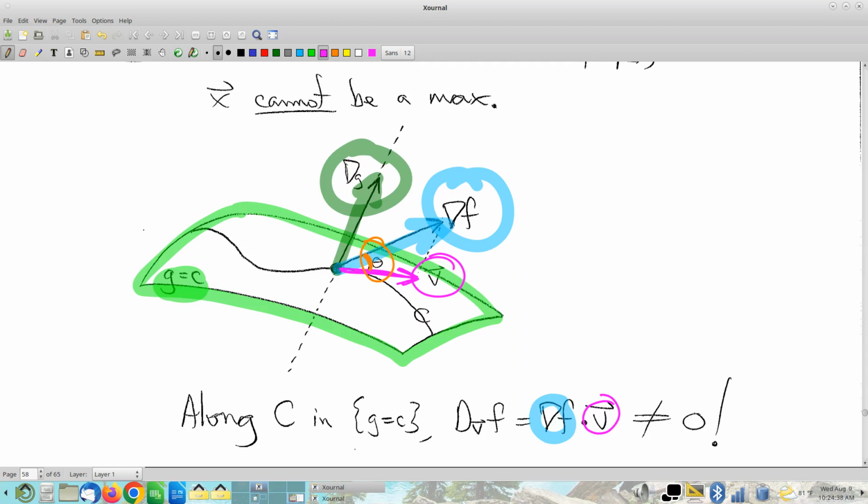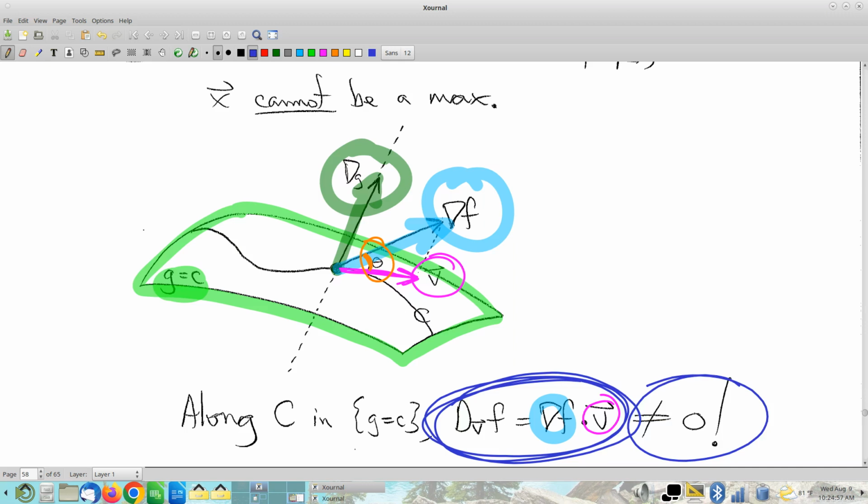And you can see that my directional derivative here, how fast is the function changing as I move in that cleverly chosen direction along the surface? Well, it's this dot product. It's blue dot purple. That's an acute angle. That dot product is positive, as drawn. Does that make sense?